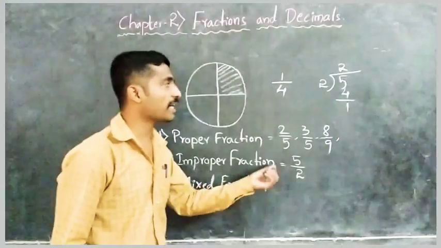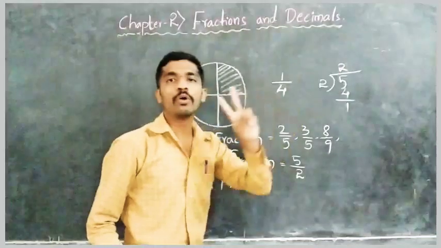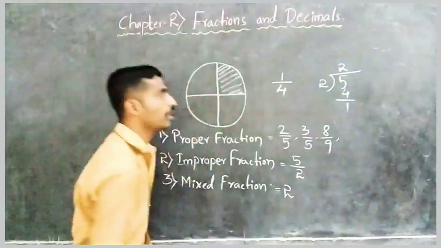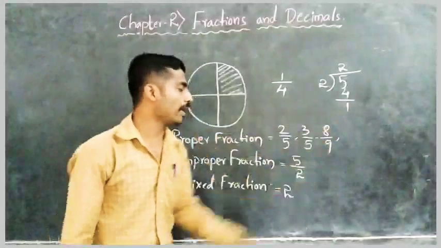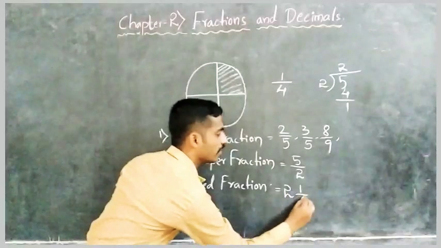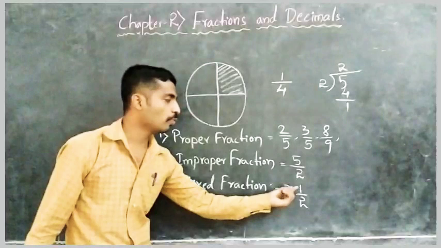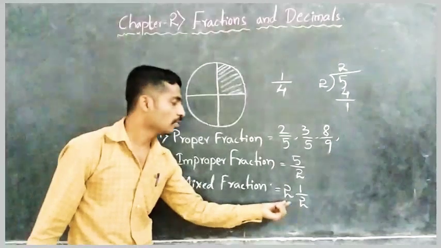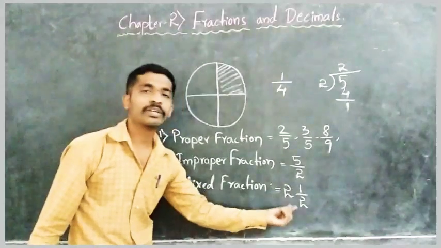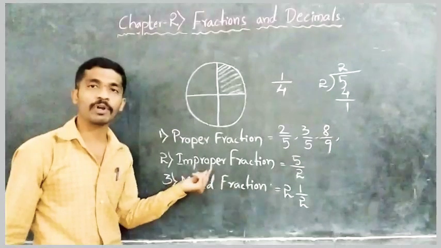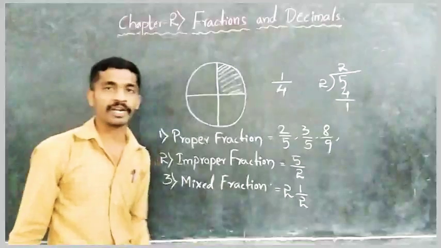So how many whole parts are there? 2 are whole parts. So I write 2 whole, and the remainder is 1, that is 1 by 2. How to read this? 2 whole 1 by 2, or 2 integer 1 by 2. So this is the representation of the improper fraction as a mixed fraction.